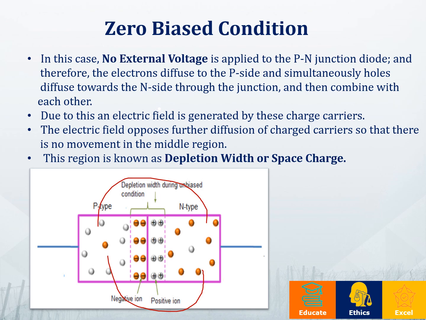The major thing to observe here is the formation of the depletion region. This electric field will oppose the further diffusion of charge carriers, so that there is no movement of charge carriers in the middle region. This region, as I have told you already, is called a depletion region, or it is also called a space charge region.